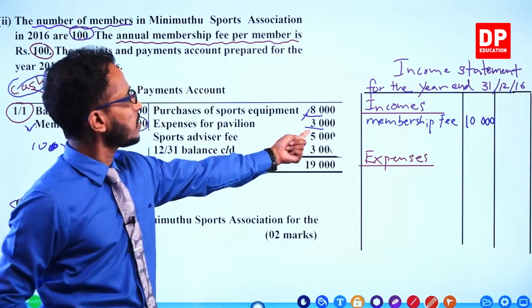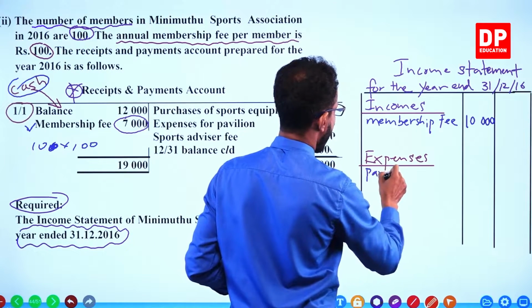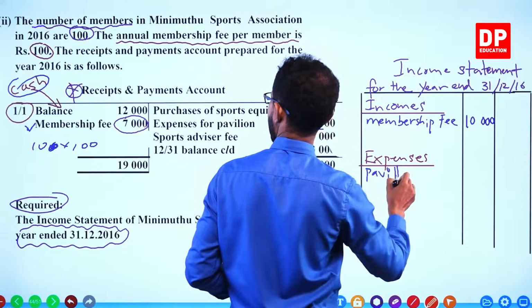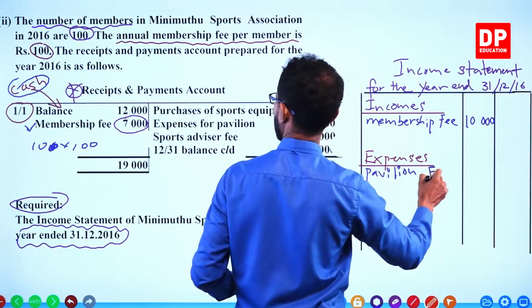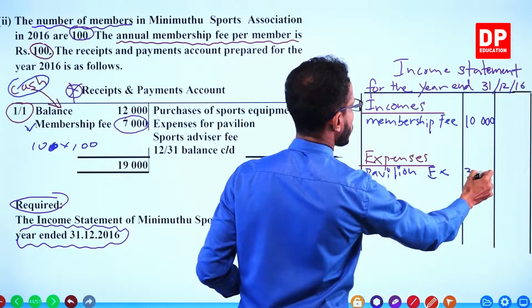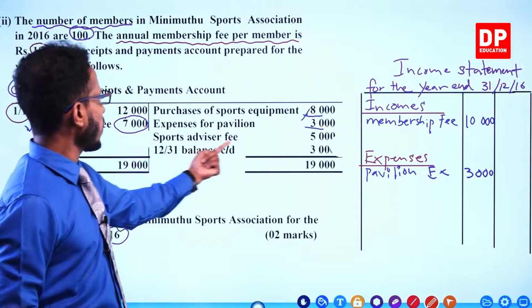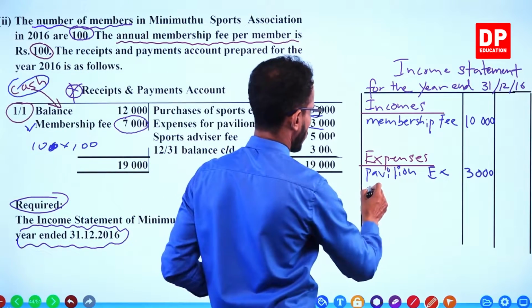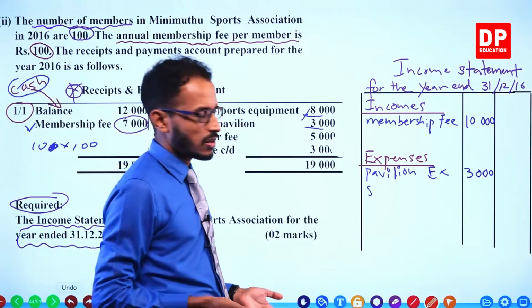Expenses for pavilion, that we record. Pavilion expenses, 3,000. Sports advisor fee, 5,000. Well, that is a day-to-day expense, not a non-current asset.